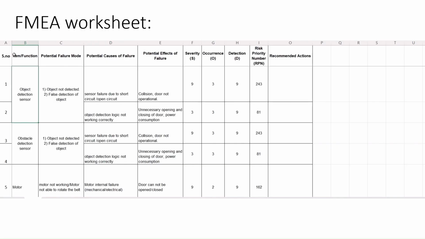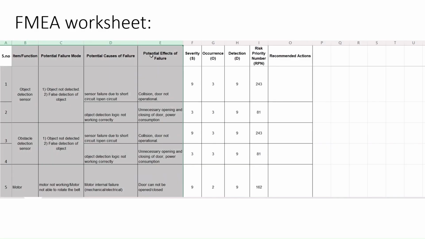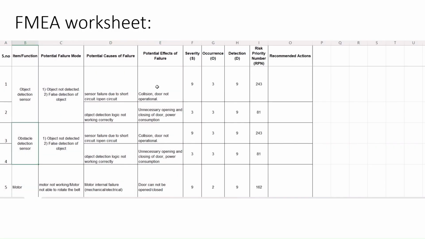So these are the failure modes which we compiled in our PowerPoint session. I have written them down in the Excel and, based on the basic definition of severity, occurrence, and detection, I have assigned some ratings to these failure modes. In cases where a collision or some safety related potential effect is possible, it is assigned 9 in this lecture so that we can highlight the safety related issue.